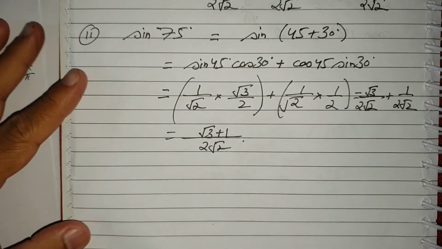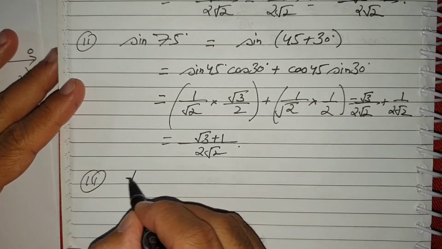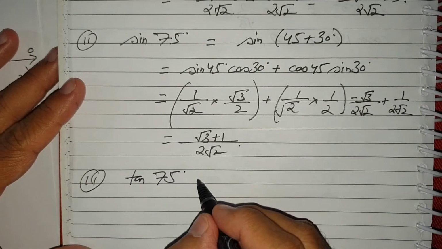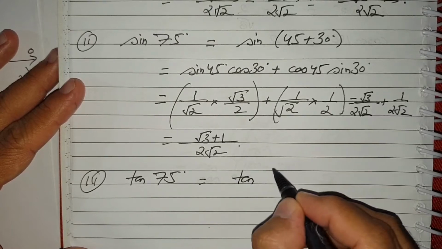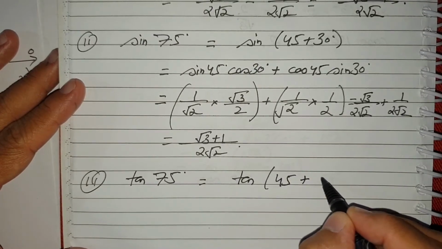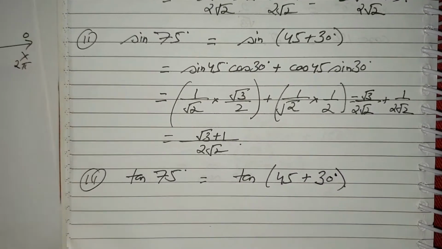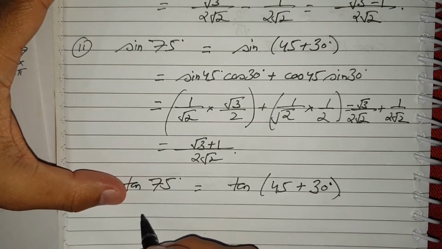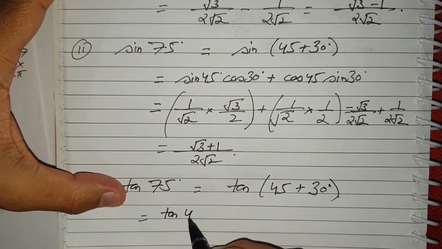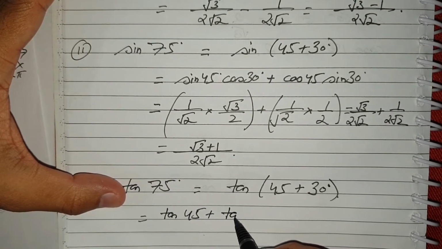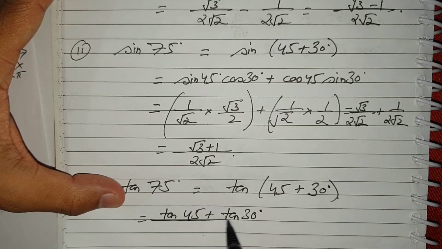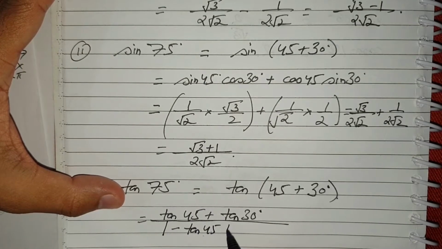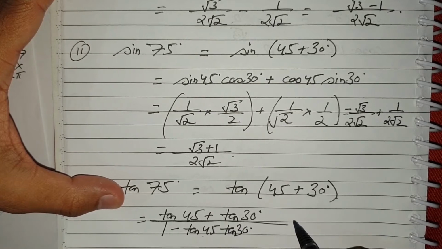Now we have tan 75. We know that 75 is 45 plus 30, so this is tan 45 plus 30. Now use the formula tan A plus tan B upon 1 minus tan A tan B. So this is tan 45 plus tan 30 upon 1 minus tan 45 tan 30.